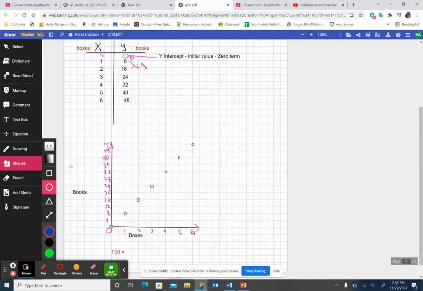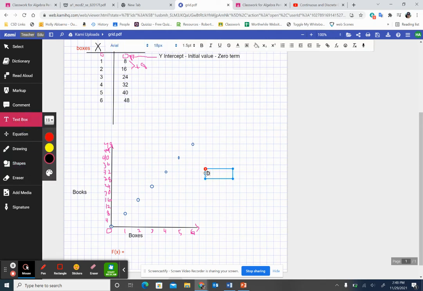We are not going to connect this. This is going to be a discrete graph, which means that we're not going to connect the dots or the points, because I can't have a partial.